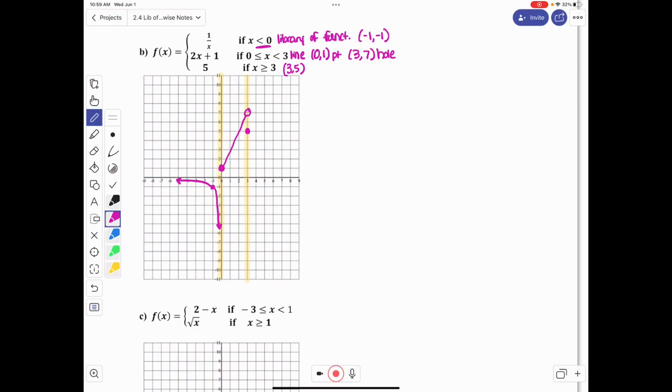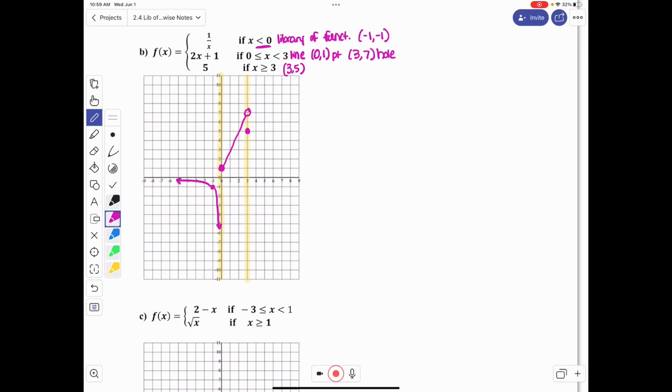And so 2 equals y, so I would get 0, 2 for my y-intercept. Okay, I know that it's not going to have an x-intercept because if I did 2 minus x equals 0, this is why I know it's not going to have an x-intercept.